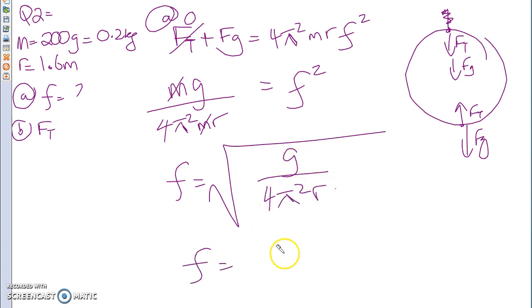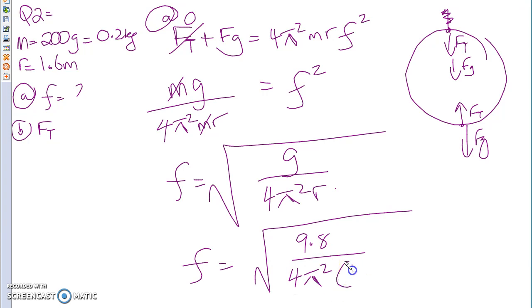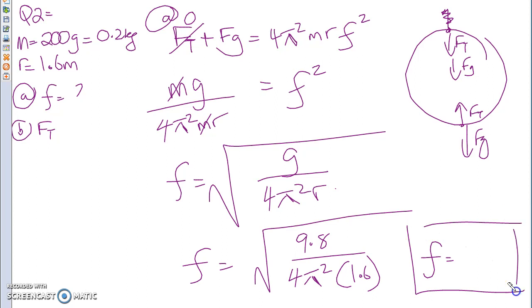And F equals the square root of 9.8 divided by 4 pi squared times 1.6. What is your F? What do you get? 0.39 hertz. Okay.